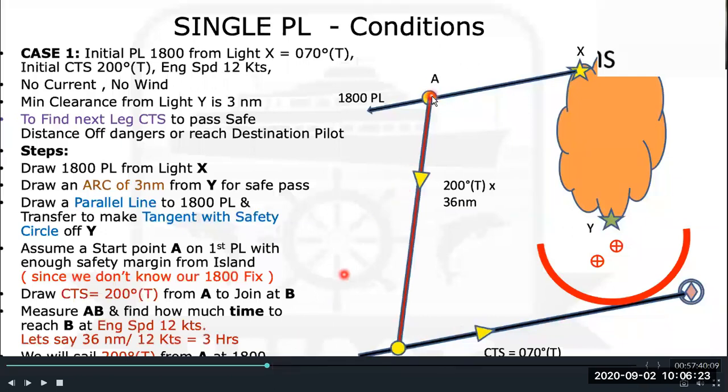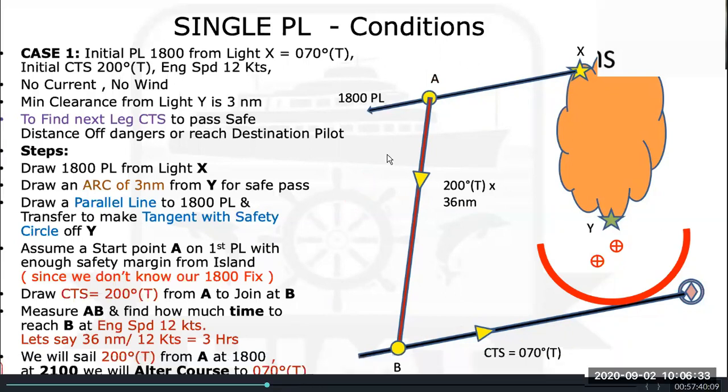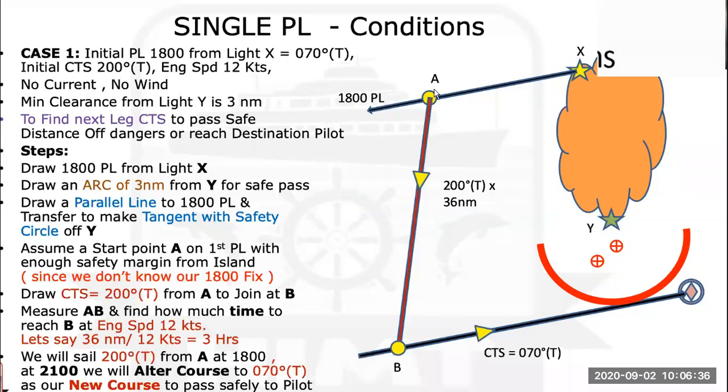We assume a point A that our ship can be anywhere on this PL. So we can take any point, which is A, and we have to write in the question that we are assuming A as the ship's position at 1800.